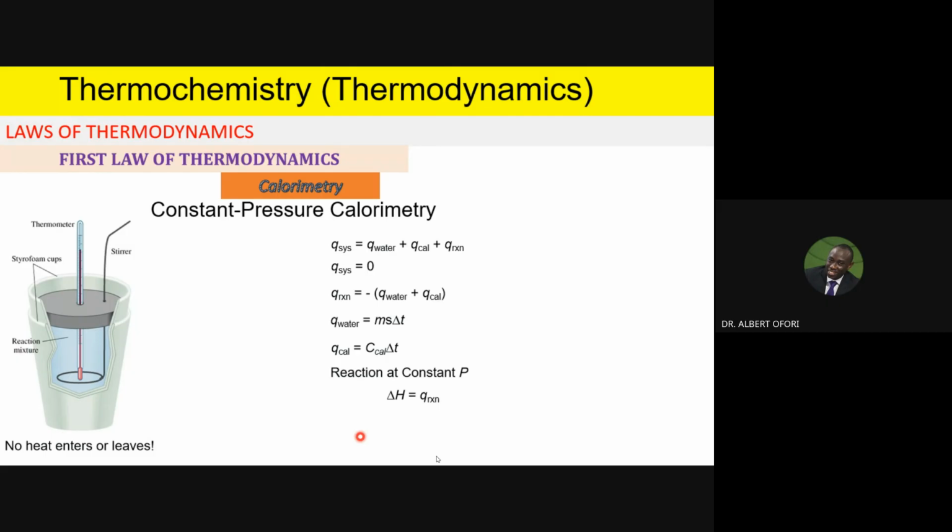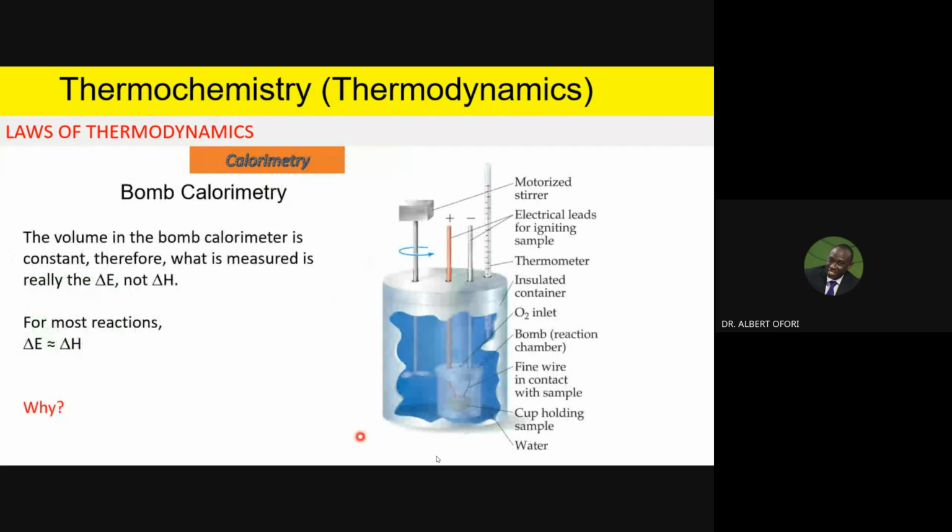So in a bomb calorimeter, where the volume is constant, what we are actually measuring is not the enthalpy change. It is the heat, but it is not the enthalpy change. So if I should put it this way, if we have a bomb calorimeter where the volume is constant, then what you are measuring is actually the internal energy, not the enthalpy change.